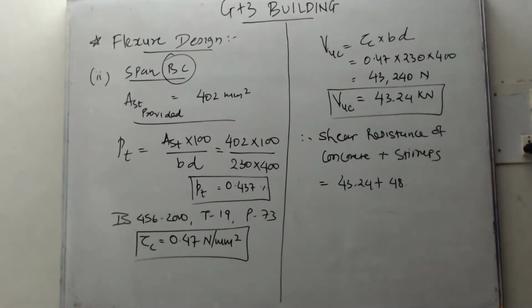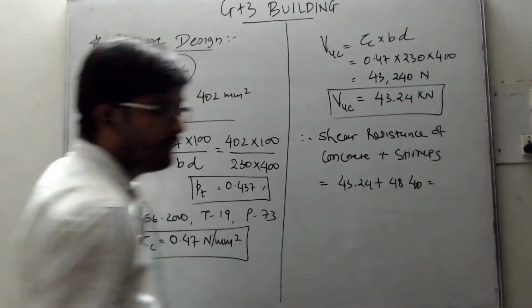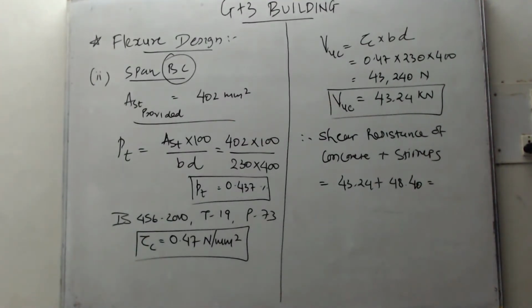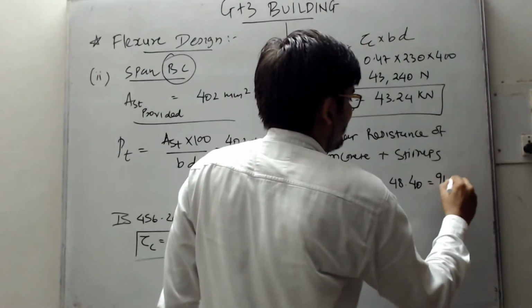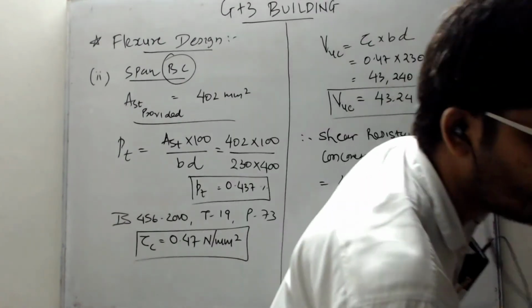If you calculate this value, you will get total shear as 91.64 kilonewton.